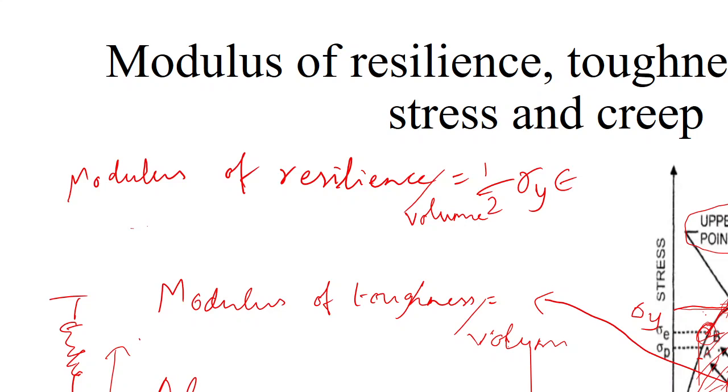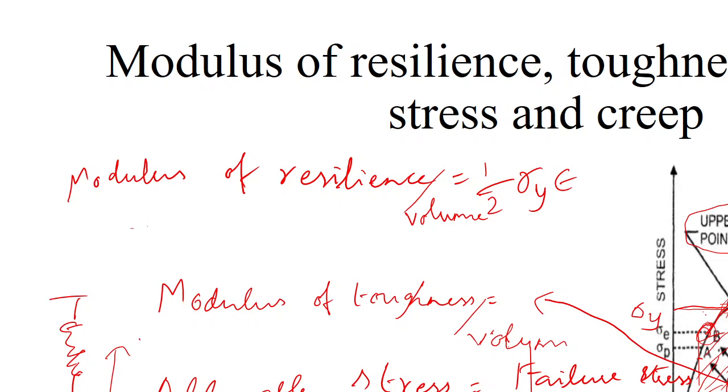So allowable stress is equal to failure stress divided by the factor of safety. We always give some factor of safety because, for example, during manufacturing there can be defects induced by the manufacturing process. So failure stress divided by factor of safety is the allowable stress or working stress.